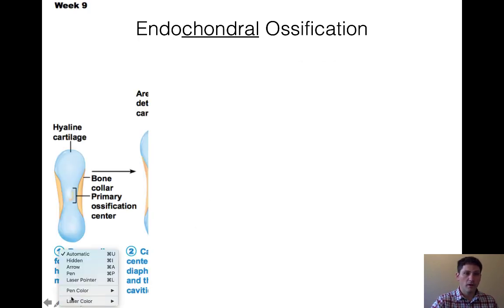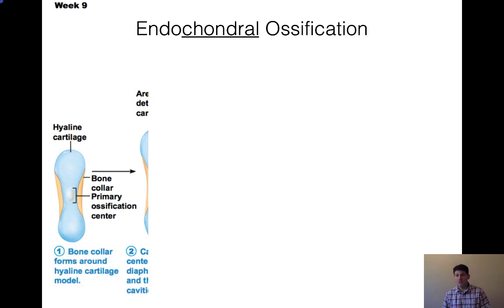Now we're going to talk about another process, the second process, called endochondral ossification. All right, so endochondral, so within the cartilage, and we're going to form bone within that cartilage. Now, if we look at this image here, we've got week 9, so we're talking about fetal development.